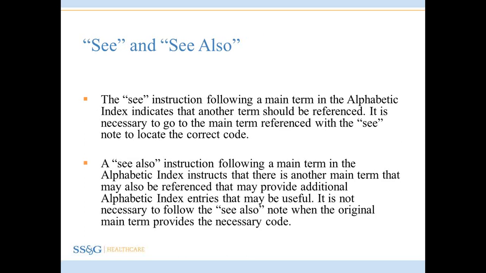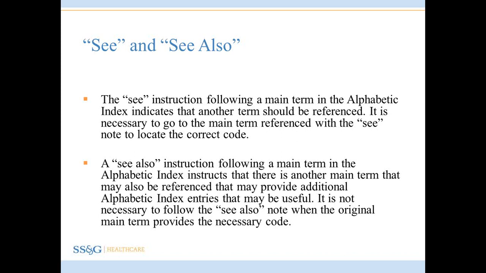"See" and "see also." The "see" instruction following a main term in the alphabetic index indicates that another term should be referenced. It is necessary to go to the main term referenced with the "see" note to locate the correct code. So again, it's important that you read all of those little tips underneath either your alpha or your tabular index, because they're going to be very, very beneficial to you in making sure that you pick the correct final code.